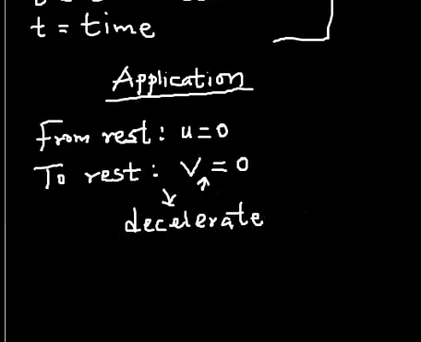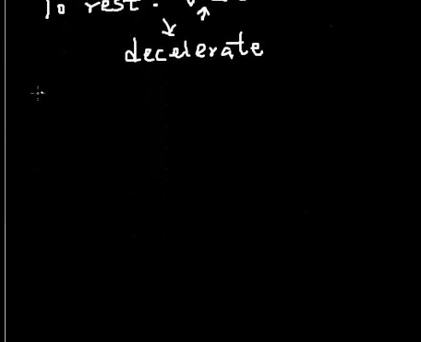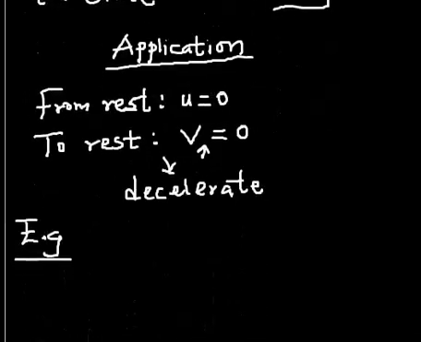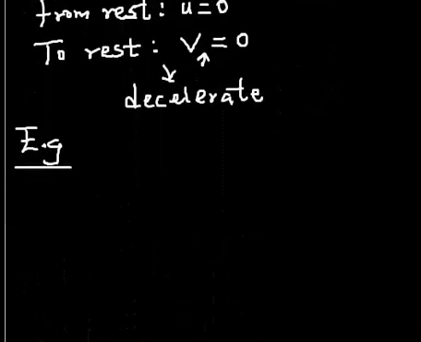So now let's look at an example. I will dictate the question, so you just write it down. As I dictate the question, I will write the parameters of the question. To be able to solve physics questions very well, always form the habit of writing down the parameters of your question before you start solving.